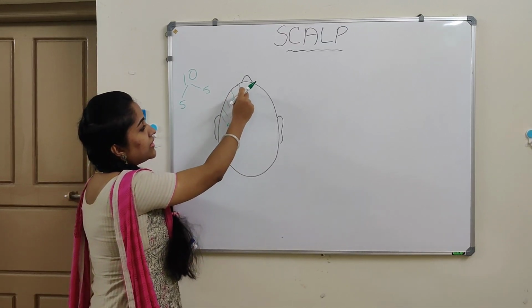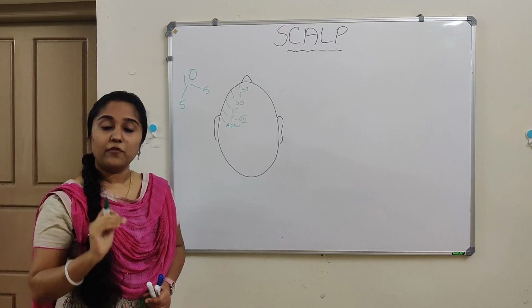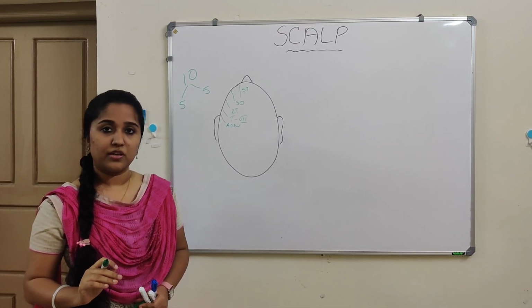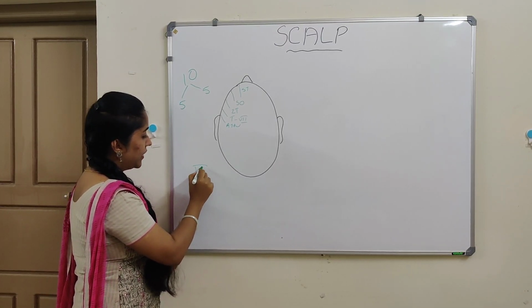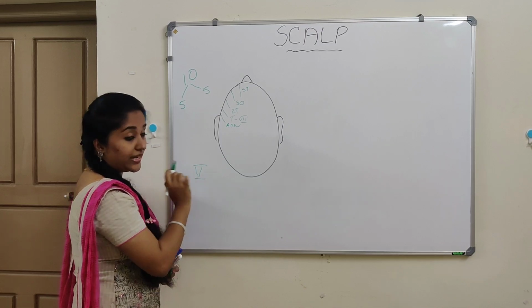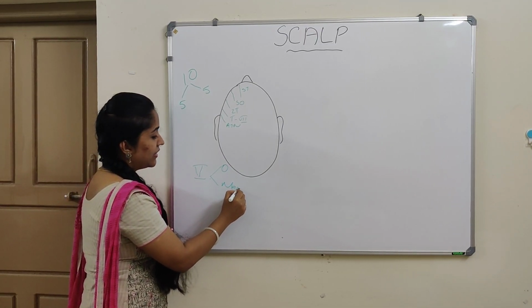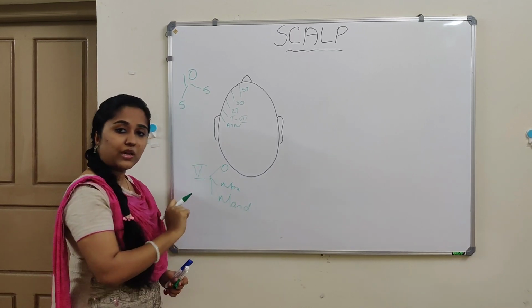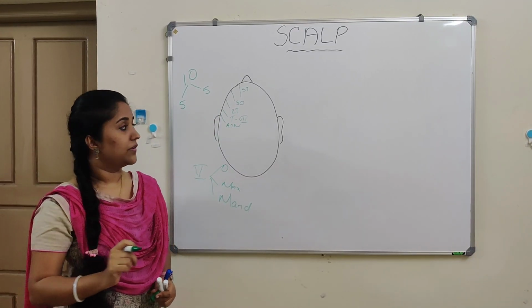The supratrochlear and supraorbital nerves are branches of the frontal nerve derived from the ophthalmic division of the trigeminal nerve. We all know the trigeminal nerve, which is the fifth cranial nerve, has 3 divisions: ophthalmic, maxillary and mandibular. From this ophthalmic division come the supratrochlear and supraorbital nerves.